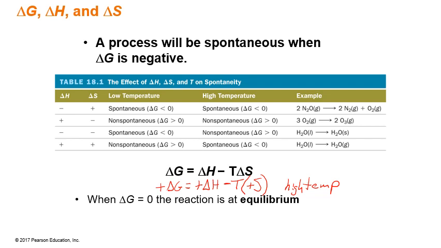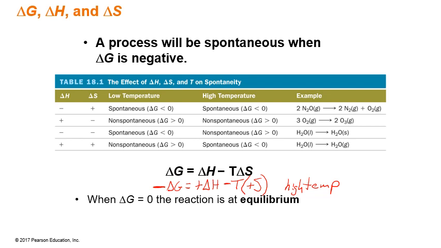It's going to be larger than our delta H. And so in that case, our delta G is going to be negative and it's going to be spontaneous at high temperatures. So it's really important to look at the different signs on our entropy and our enthalpy in order to determine our Gibbs free energy.